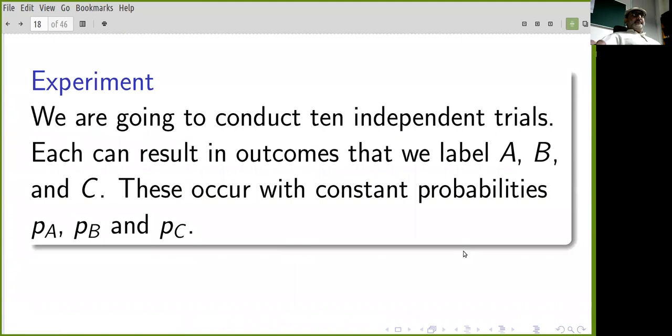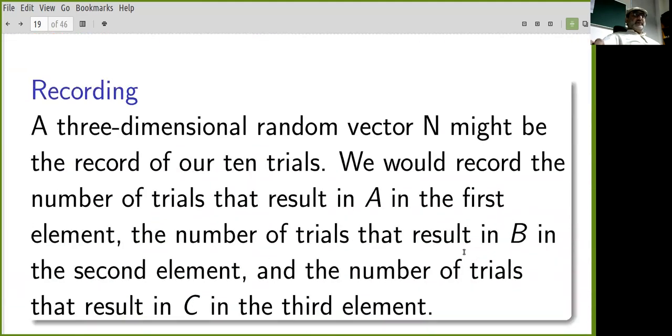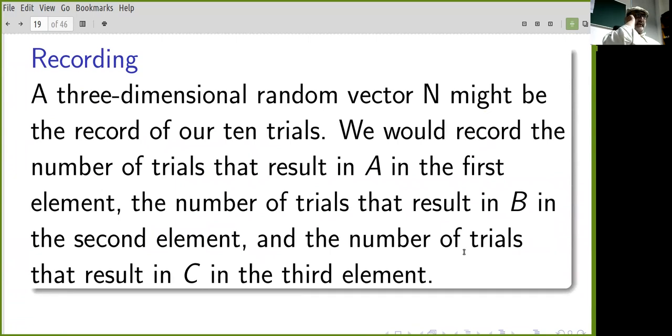Okay, let's try another one. We have a multinomial distribution this time. We have 10 independent trials. Each can result in outcomes that we label A, B, and C. The probability of getting A is P sub A, the probability of getting outcome B is P sub B, and the probability of getting outcome C is P sub C. We might record our outcomes as a 3-dimensional vector, since there are 10 trials and 3 possible results.